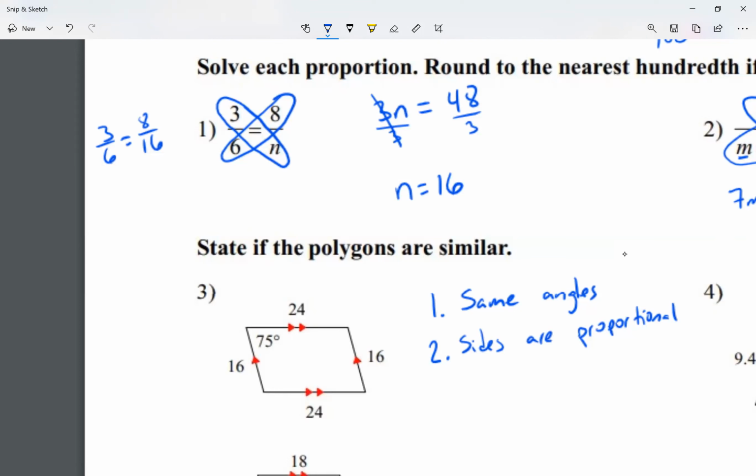If I simplify my fractions, notice I get 1/2 on both sides. So again, proportional means when I have my 2 fractions, they must simplify to the same thing or, when cross multiplied, they must be equal to each other.